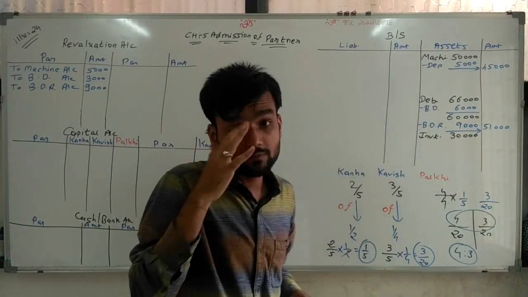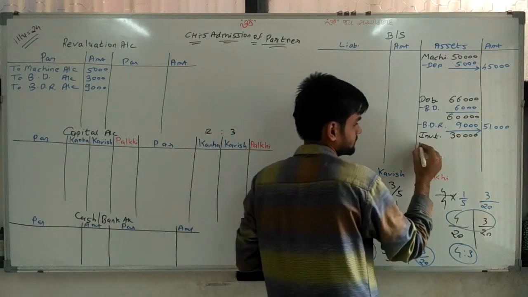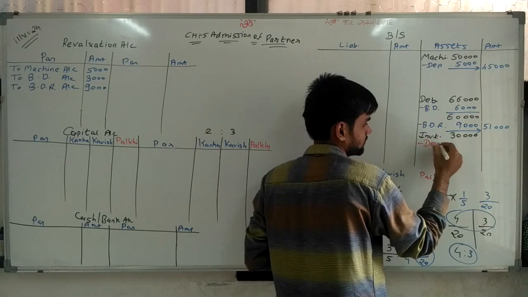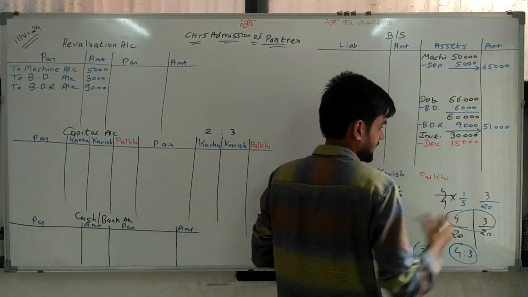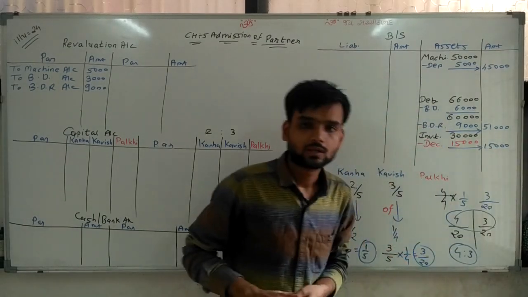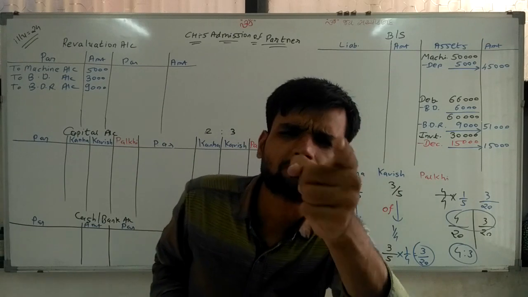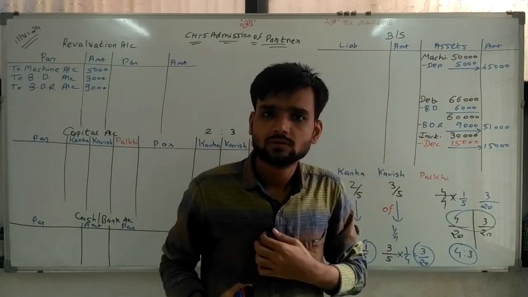Now its market value is 15,000. It means investment reduces by 15,000, in the outer column 15,000. Now sir, what is my investment loss? 15,000 rupees is my investment loss.